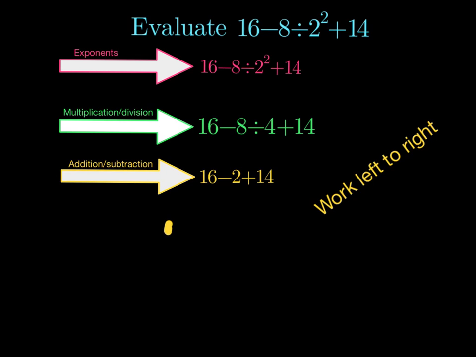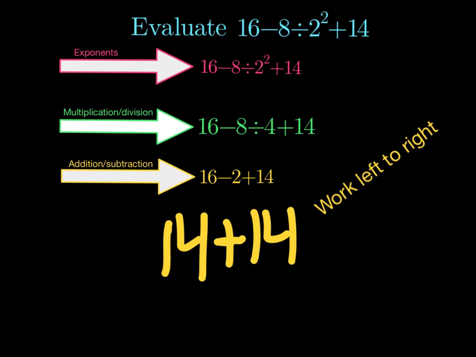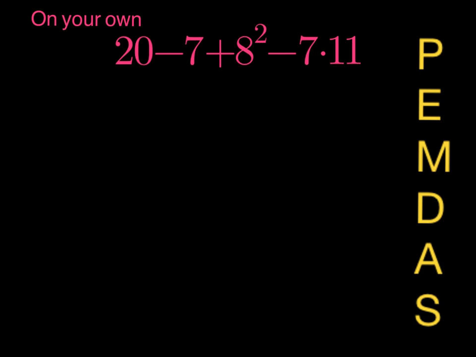Bring down what I didn't use, the plus 14, and now I'm just down to a regular addition problem, and I get 14 plus 14, and that is 28. So when I evaluate this expression, if I do it correctly using the order of operations, I'll get 28. If I don't use the order of operations, I'll get a completely different answer, and that answer would be wrong.